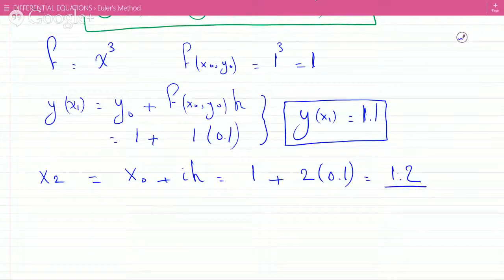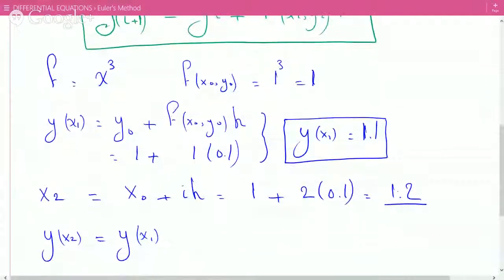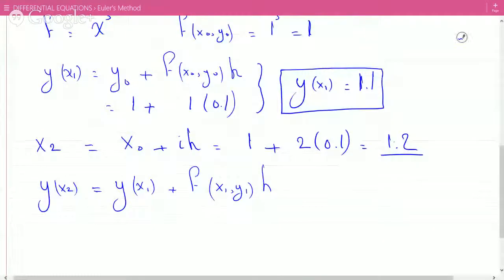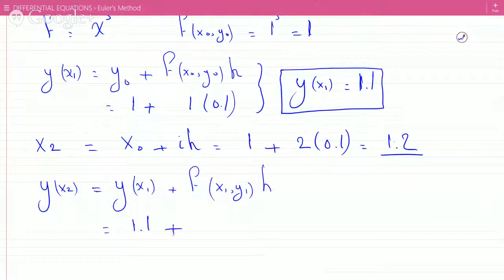And now y2, or y of x2, is equal to the previous y. So that's y of x1, okay? Plus f of x1, y1 times h. Okay, y of x1 turned out to be 1.1 plus f.